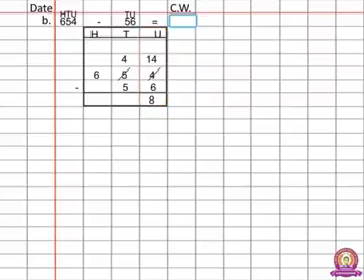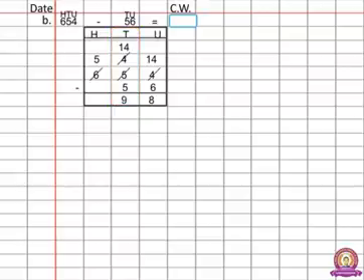Next is the tens column. 5 is greater than 4. So, once again we will have to borrow. Let's borrow 100 from 6 hundreds. Strike 6 and write 5. 100 plus 4 tens is equal to 14 tens. Strike 4 and write 14. 14 minus 5 is equal to 9.